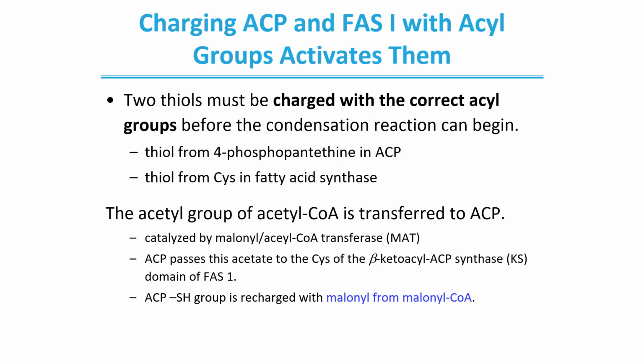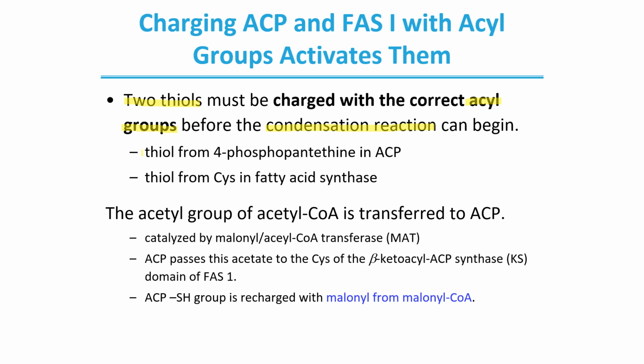So there are two thiol groups which contain sulfur atoms, and we attach these thiol groups to the correct acyl groups before the condensation reaction, that is the joining reaction, which is the first of the four reactions that occur in one cycle.